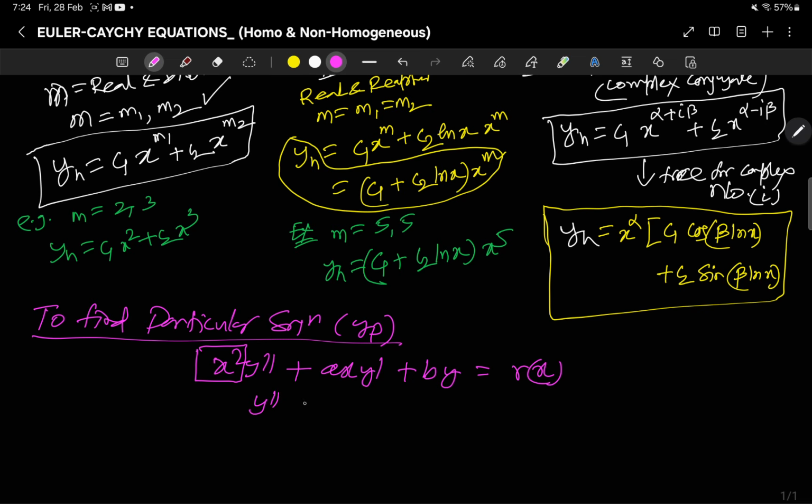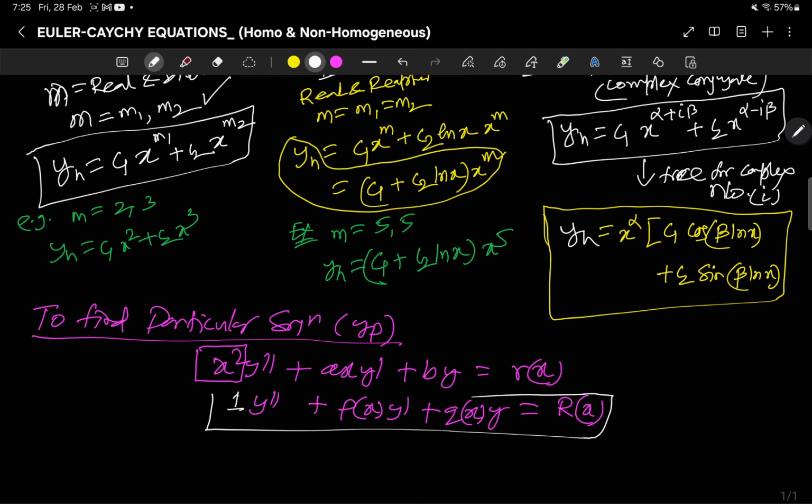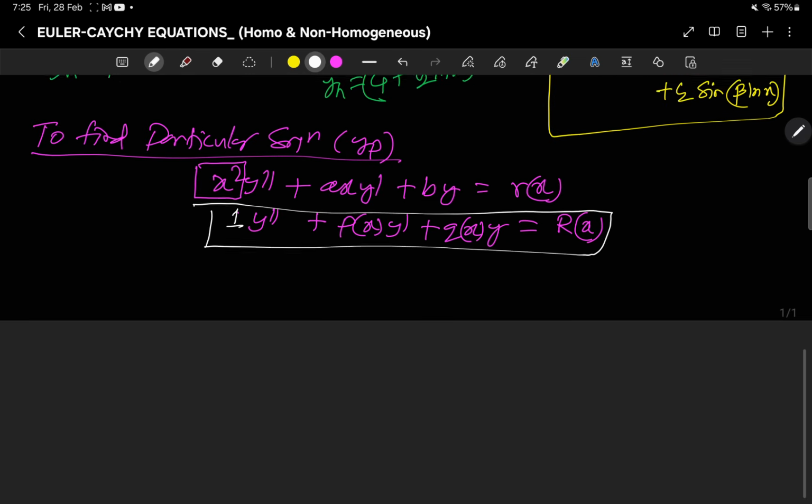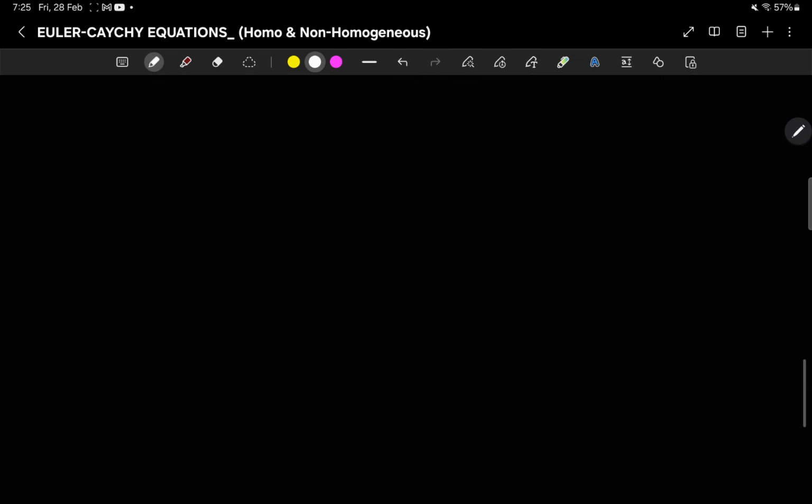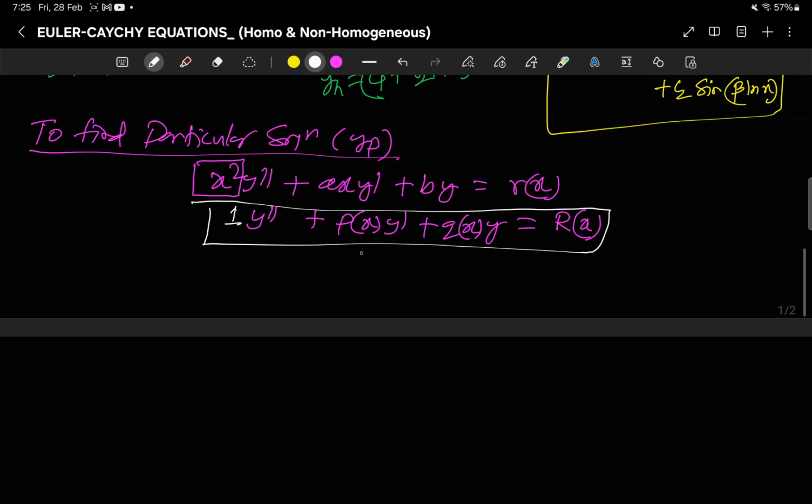So this is y double dash plus p x y dash plus q x y is equal to some capital R x. Now you should ensure that this coefficient should be 1, and use the method of variation of parameter. Right, you have to use the method of variation of parameter.